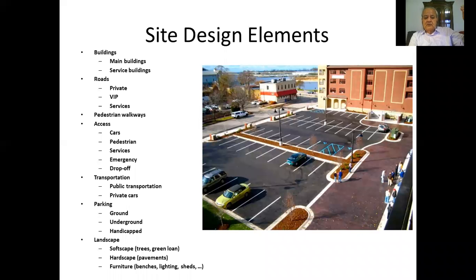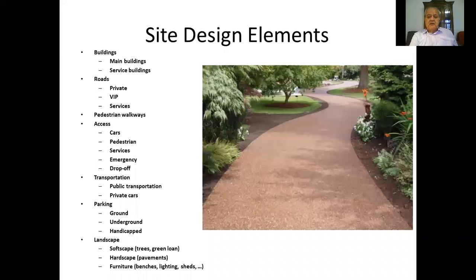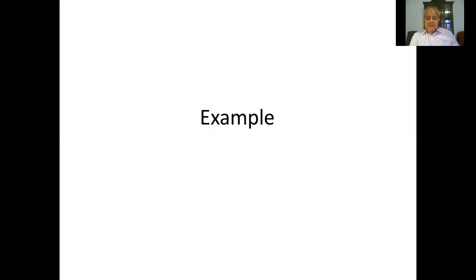So we need to think about all the elements of the site and provide a full report for the client to understand what kinds of information is needed and what to expect from that particular site.